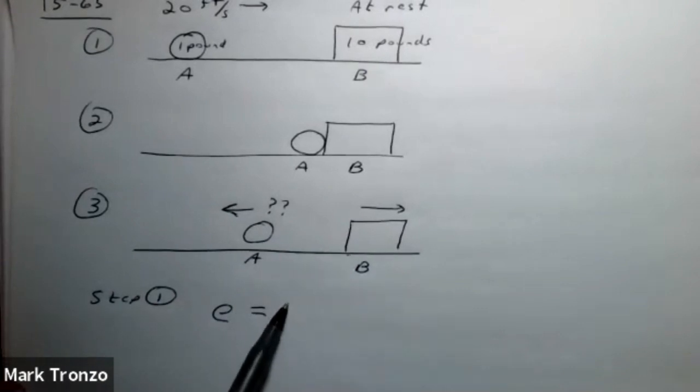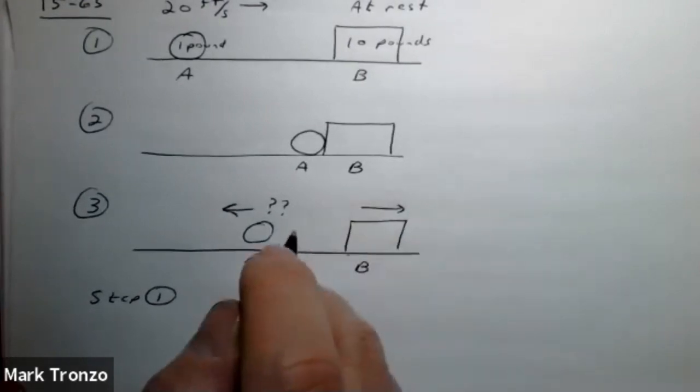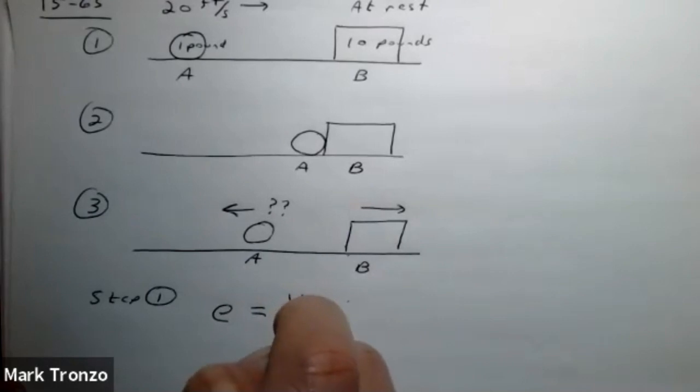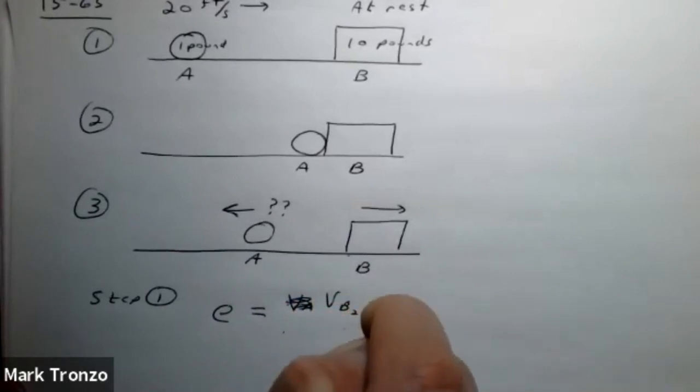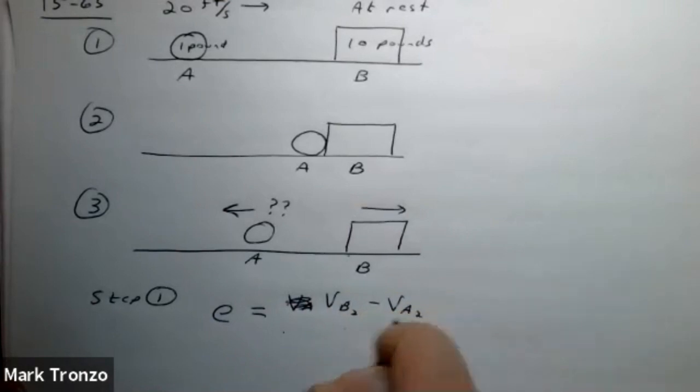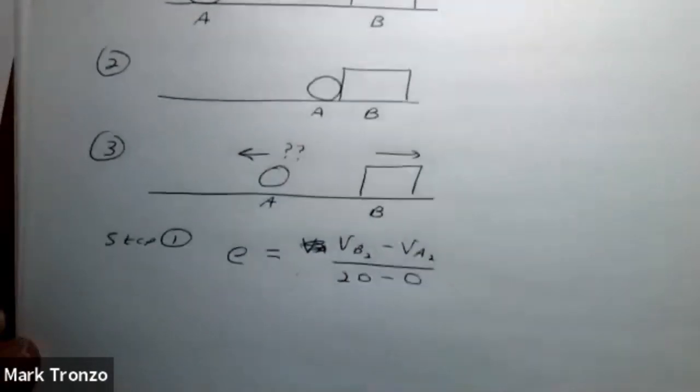Remember, it's VB2 minus VA2 over VA1 minus VB1. So I'll put VB2 minus VA2, and then the original velocity of A was 20, original velocity of B was 0.